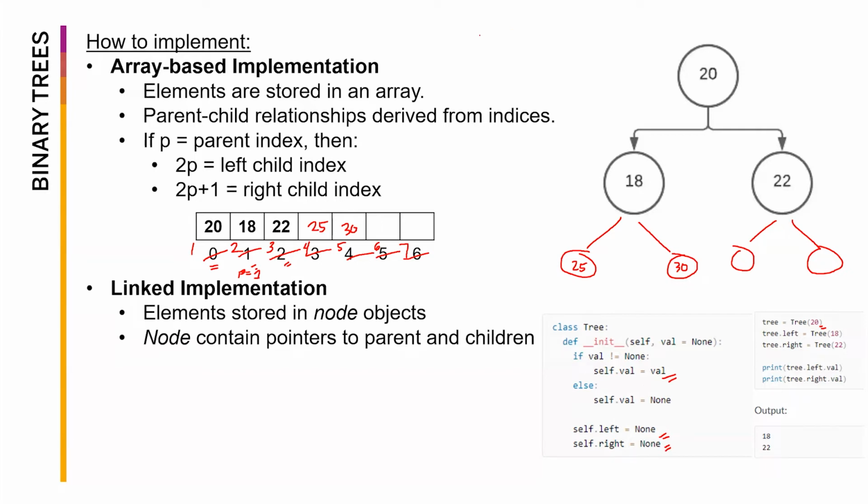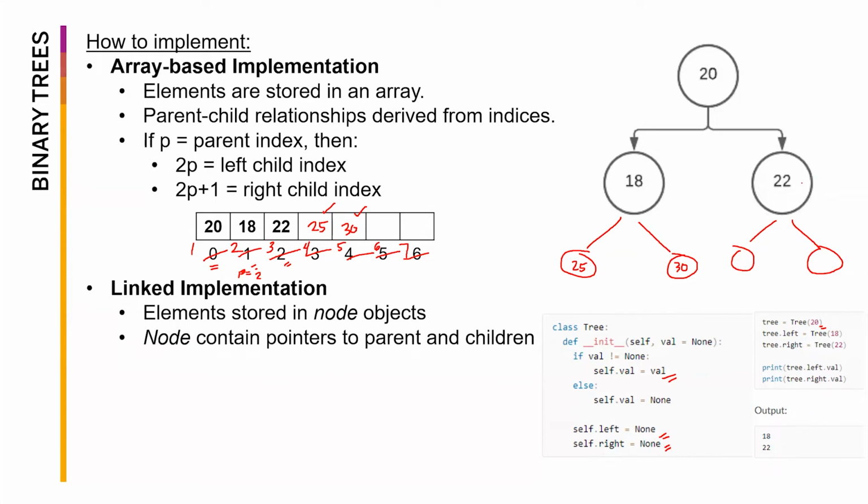So here, P is equal to 2. Then the left child is 2P, which is equal to 4, which is 25, correct? And the right child is 2P plus 1, which is 4 plus 1 equals 5, 30, which is correct.